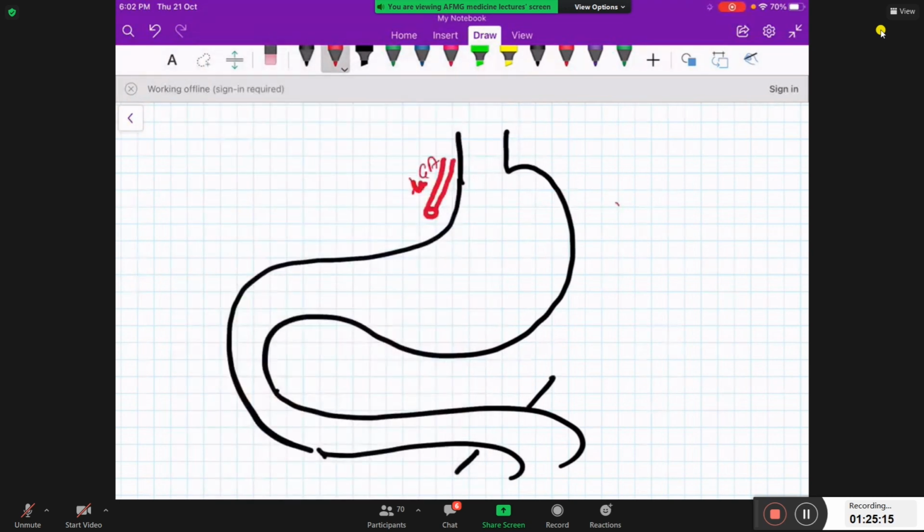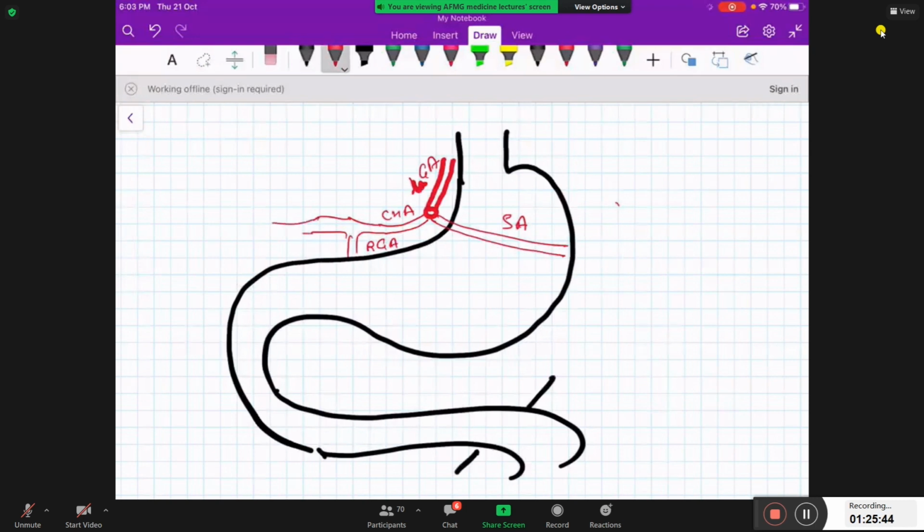Left gastric artery. What is this branch? Splenic artery. Very good. What is this branch? Common hepatic artery. So it is a common hepatic artery. Now from common hepatic artery arises, what is this branch? Right gastric artery.